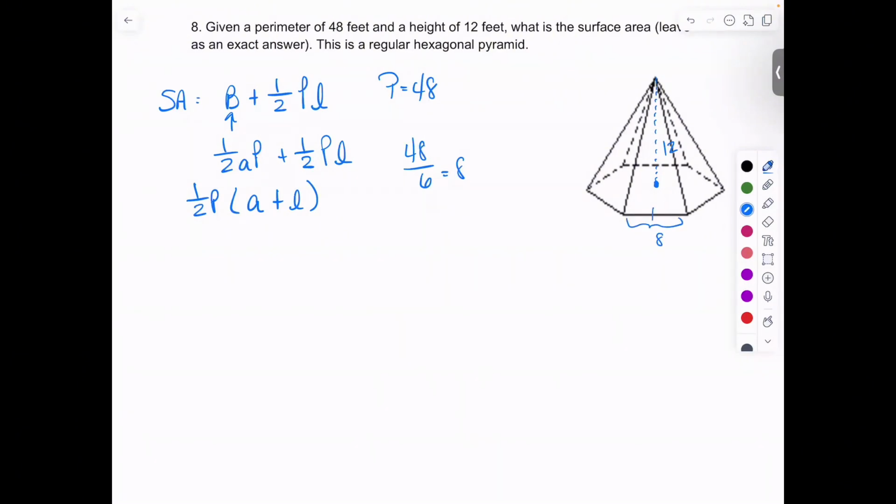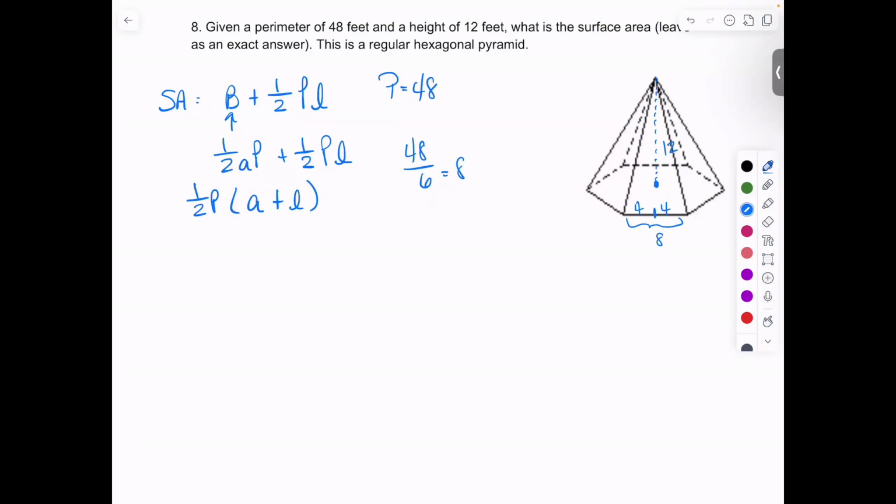And if I cut that in half, I have a side of 4 here and 4 here. So on each side I have 4. And then I can use some fancy trigonometry and figure out what my apothem is.